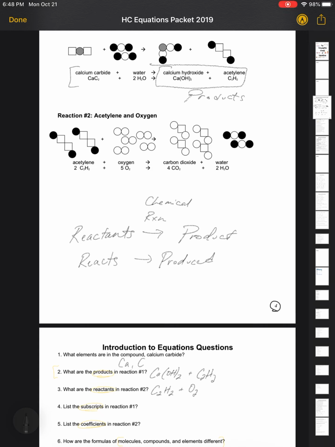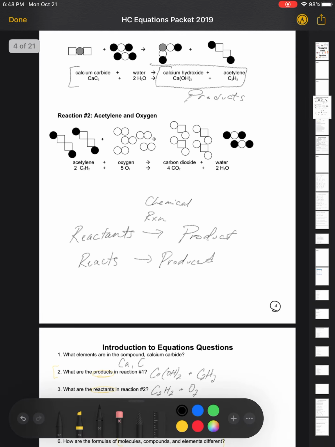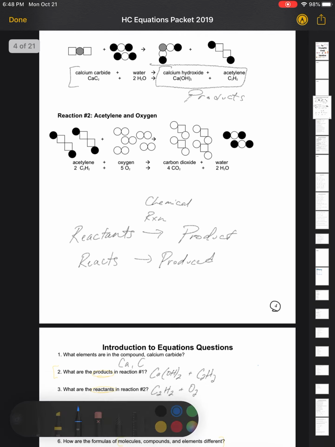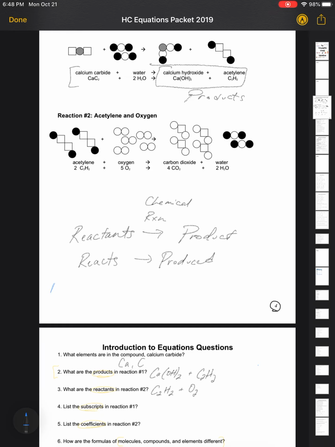So we have our elements inside of a compound, which real quick we can go ahead and write down. The main difference between these, when we're talking about molecules, more often than not, what we're talking about are covalently bonded. Our compounds are going to be ionic more often than not.